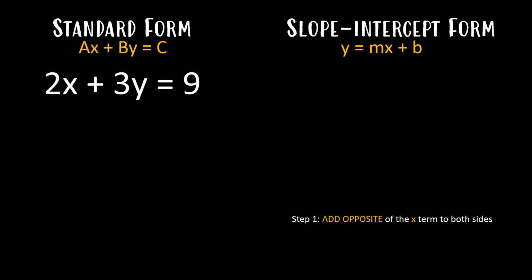Opposite of the x term. Ang ating x term sa ating given example ay 2x. So, mag-a-add tayo ng negative 2x, opposite, to both sides of the equal sign. Siyempre, tinapat ko na yun sa x term. So, here, plus negative 2x also.